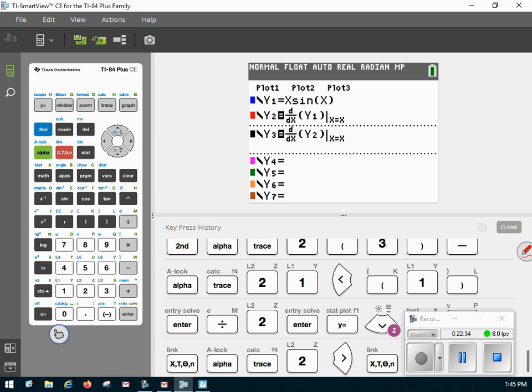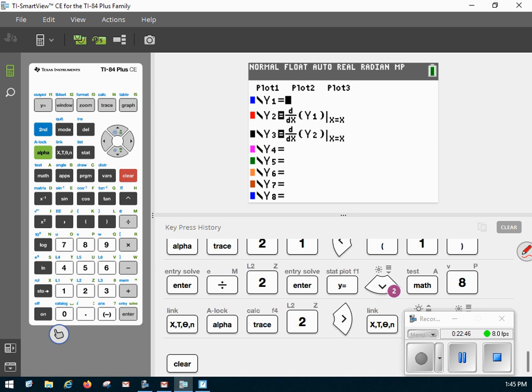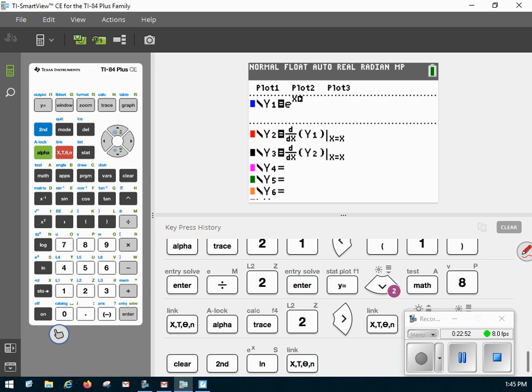So now you've got position, velocity, acceleration. What, e to the t sine t? And where are we going, 1 to 3?